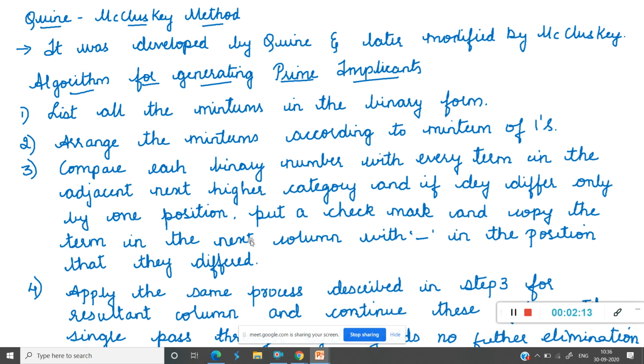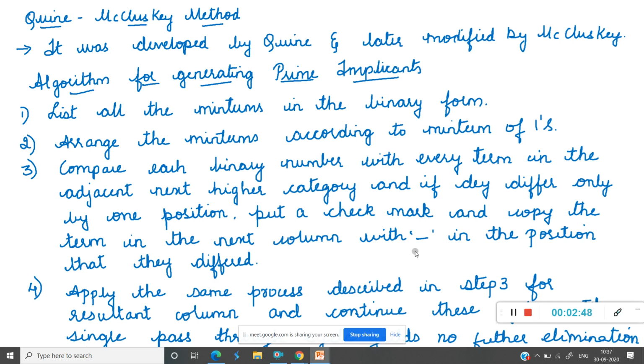Put a check mark and copy the term in the next column with a dash in the position where they differed. You can compare one binary number to another only if they differ by one position. This step will be understood when I solve an example in the next few slides, so at that time you'll understand this third step.